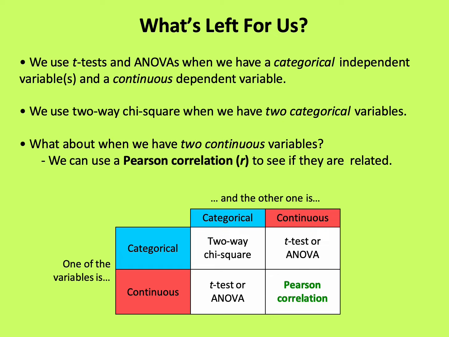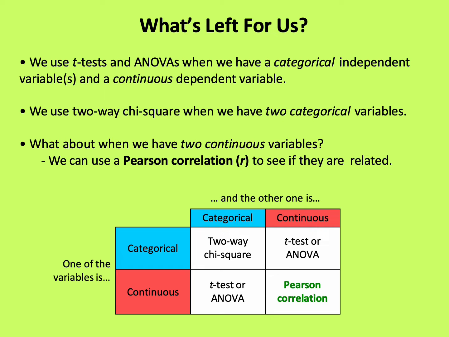Well, by process of elimination, when do we use a Pearson correlation? We use it when we have two continuous variables and we want to see if they are related in some way, right? So I have a helpful little table there for you that creates a reference sheet.